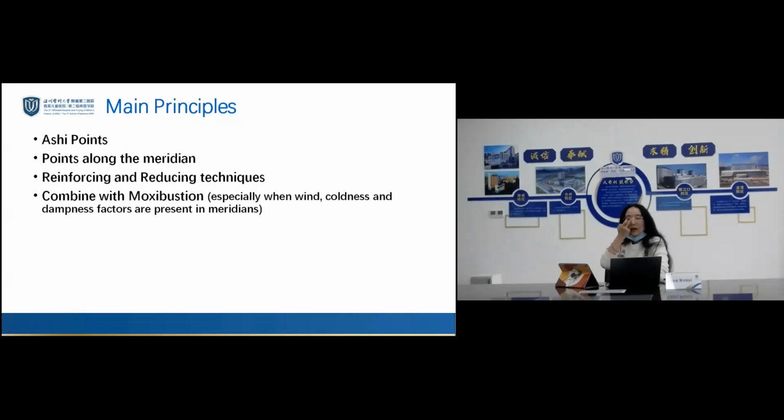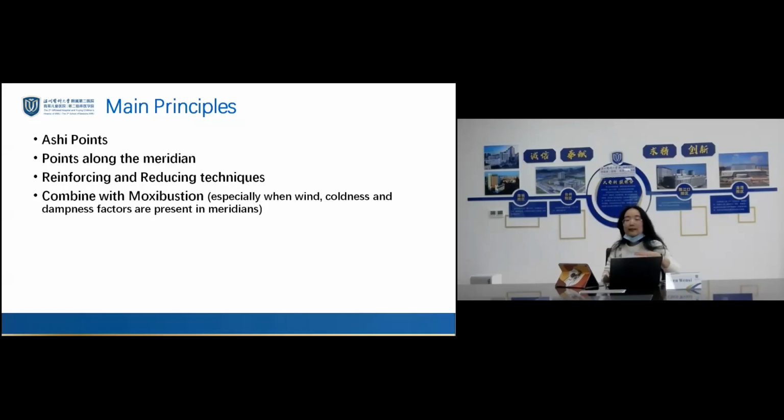And then pointing along the meridian is a very simple way to find the location of the pain and which meridian is distributed to this area. And according to excess and deficiency, we can choose different reinforcing and reducing techniques on the acupoint.